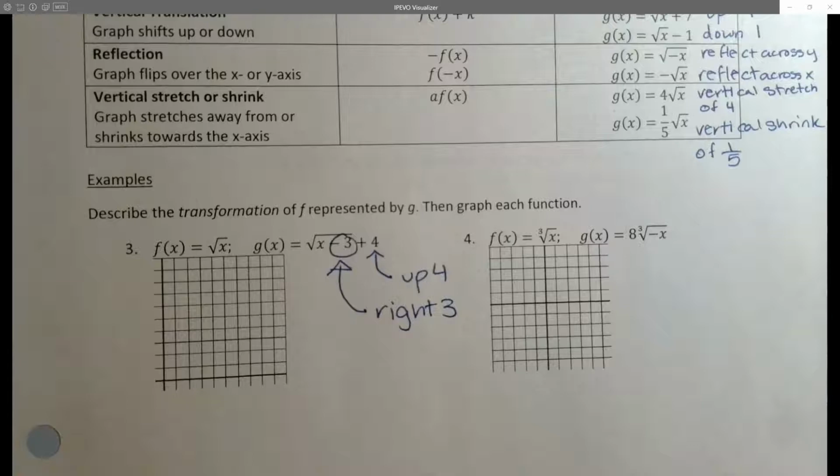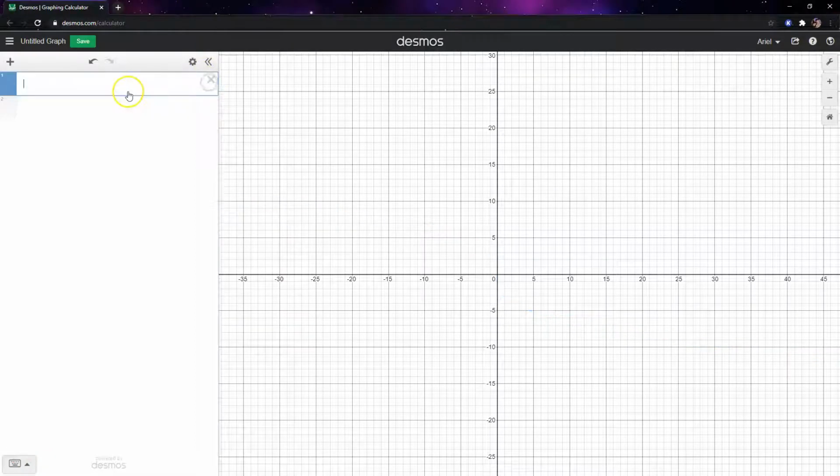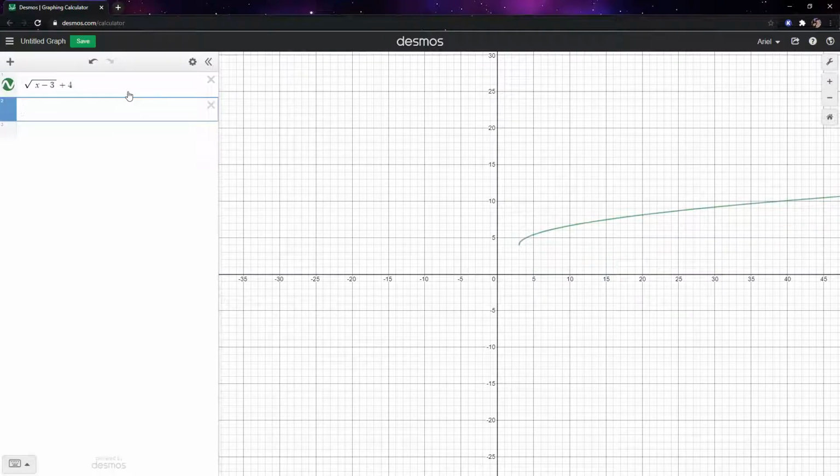So let me go ahead and graph these on Desmos. I have square root of x minus 3 plus 4, and then just square root of x.